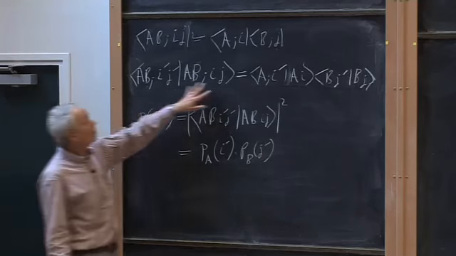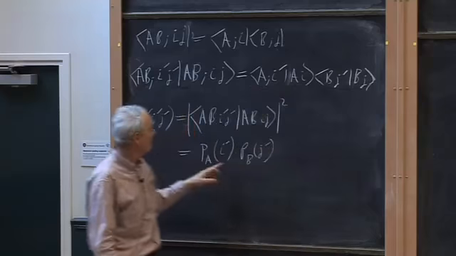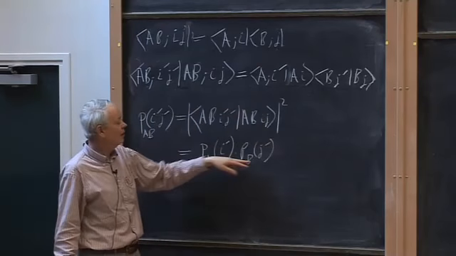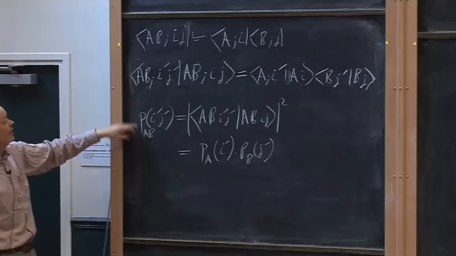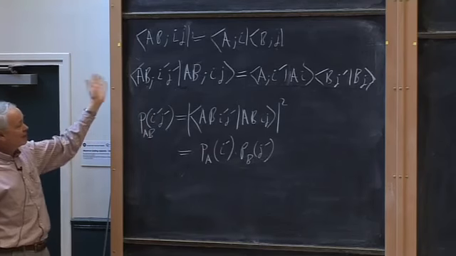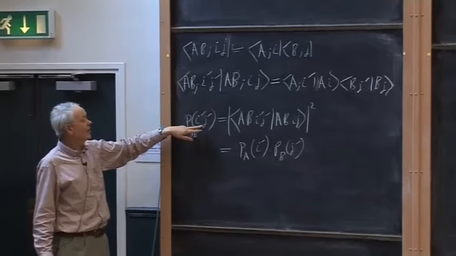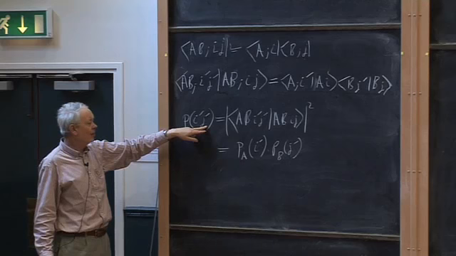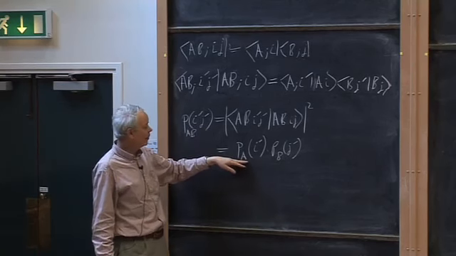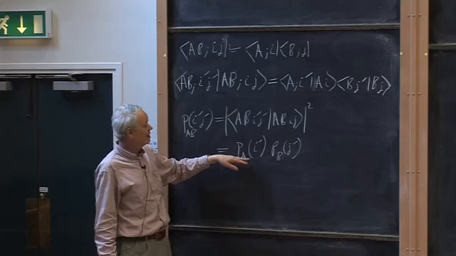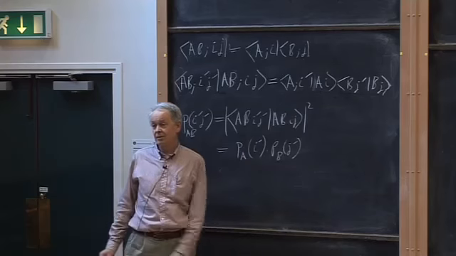Because if I take the mod square of both sides, the mod square of this product is the product of the mod squares. The mod squares on this side are, by definition, these probabilities. So the probability that if I take measurements on my combined system I find A in the I prime state and B in the J prime state is simply the product of the probabilities that the A system is in the I prime state and the B system is in the J prime state if you make individual measurements.